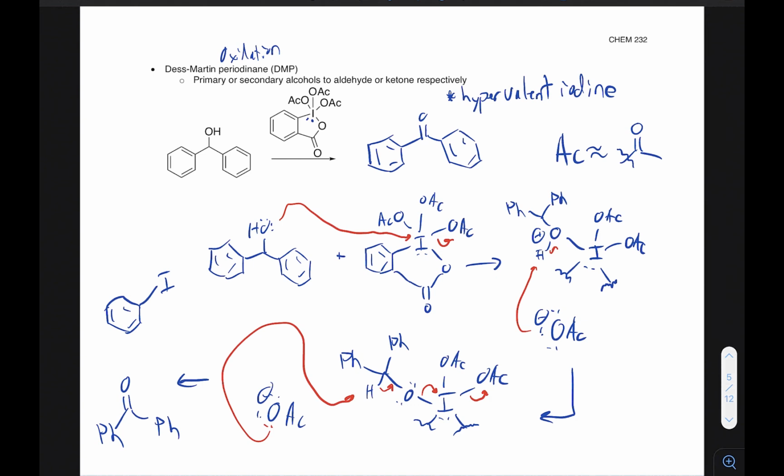Now this iodine has 2 lone pairs on it and just 1 acetyl group.